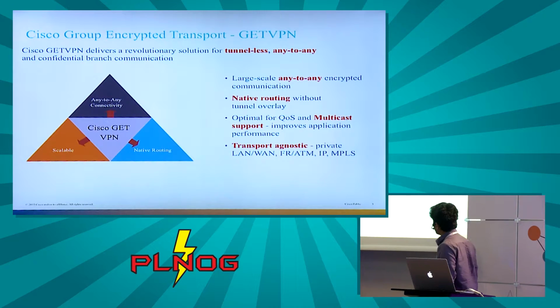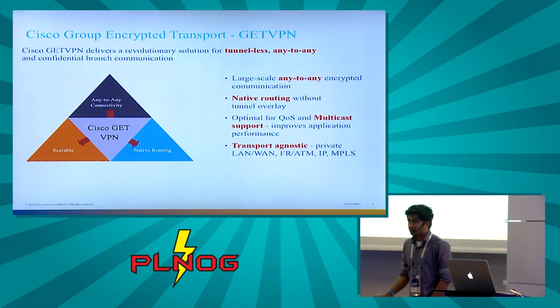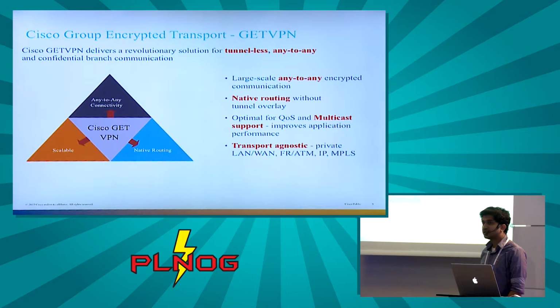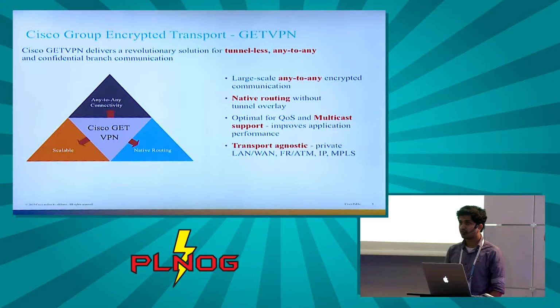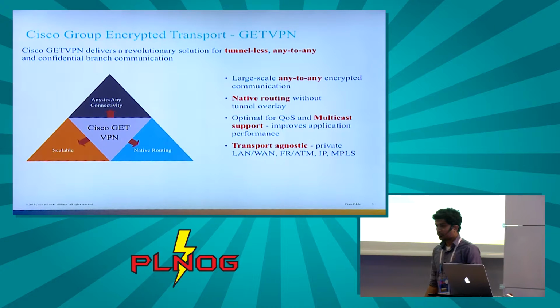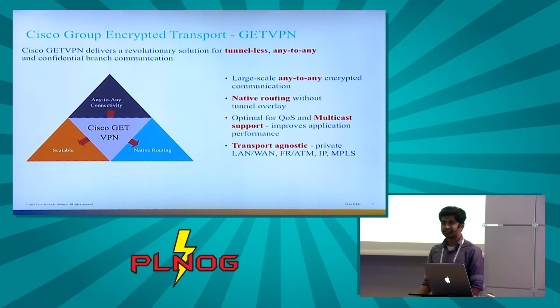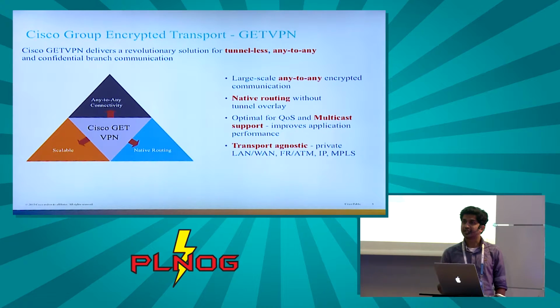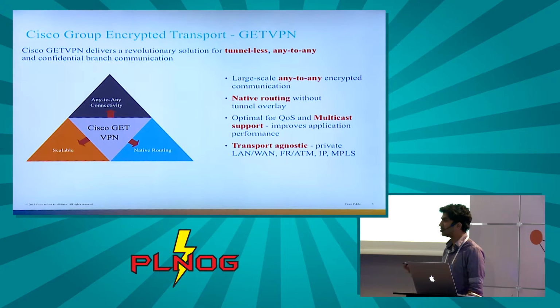What is GetVPN? GetVPN is a solution that provides any-to-any secure communication without forming any tunnels. What I mean by that is you have a private network, such as MPLS. Since you have a private network and you have any-to-any communication already, basically the MPLS provides end-to-end routing.